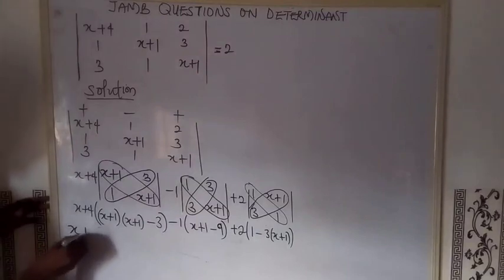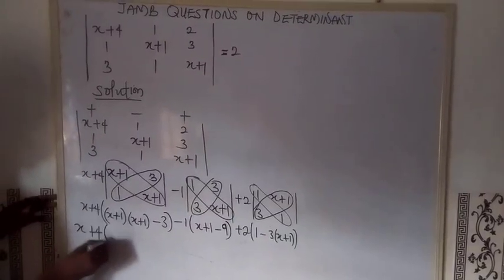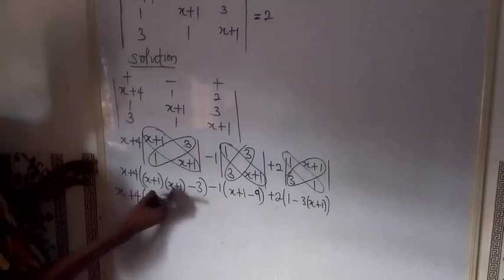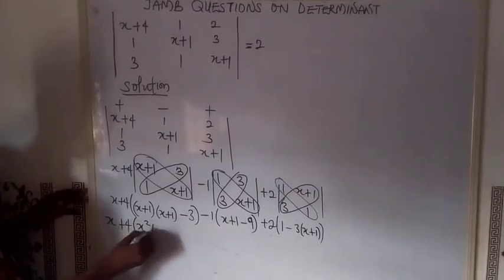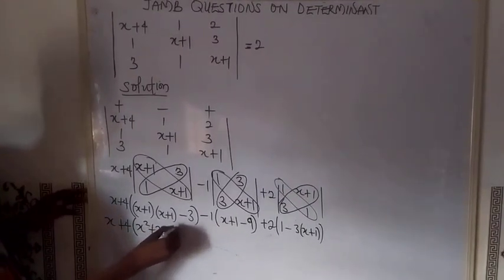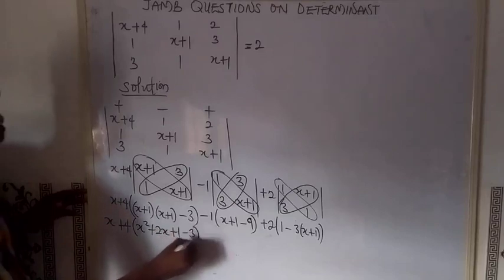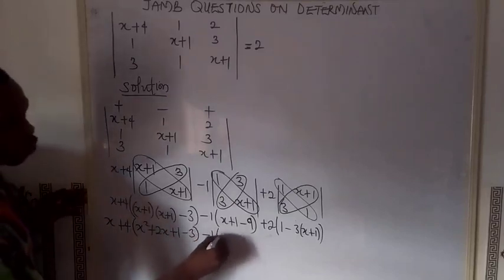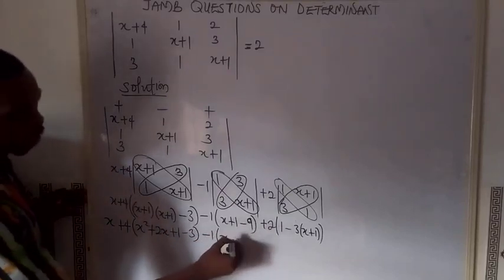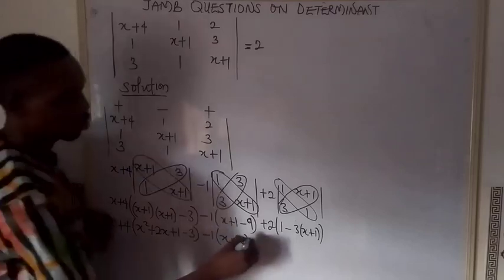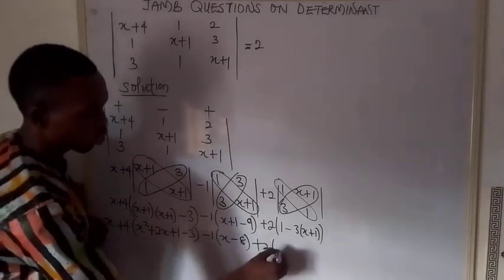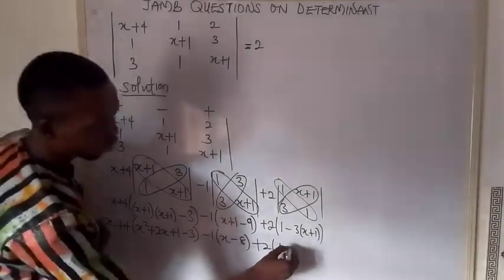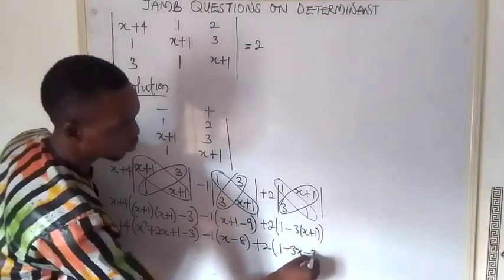So we have something like this. x plus 4 into bracket x plus 1 times x plus 1. You get x squared plus 2x plus 1 minus 3, minus 1 into x plus 1 minus 9 will give us minus 8, plus 2 into 1. Remove this bracket, you have minus 3x minus 3.